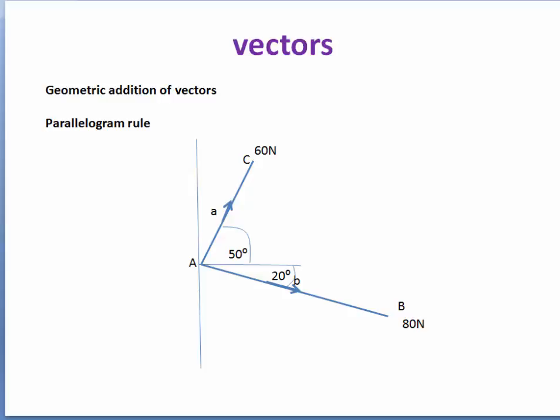The parallelogram rule is similar to the triangular rule, but we have to think of the resultant as the diagonal of a parallelogram. Here we've got two vectors, vector A and vector B, and we usually measure from the x-axis, in this direction, which is anti-clockwise.